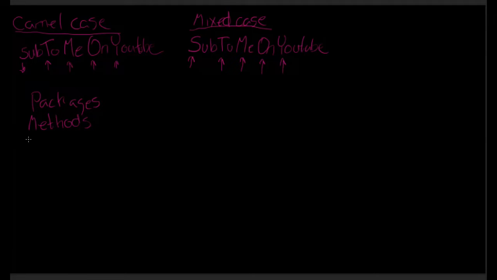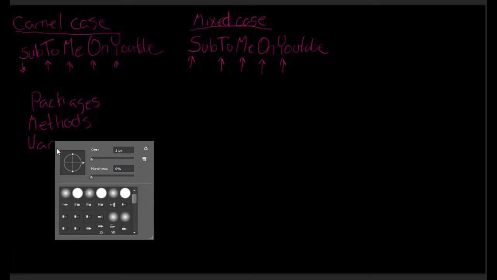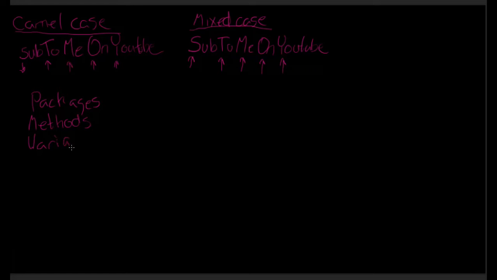We use Camel Case with variables. And that is the ugliest V. It kind of looks like a W. So let's erase that and hope I can make it look like a V. Variables. And those are pretty much it.